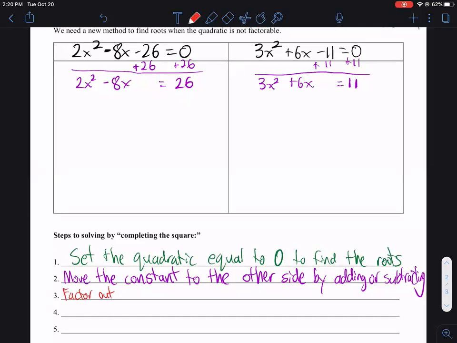Okay, so third step, we're going to factor out the coefficient of x squared if it's not 1.